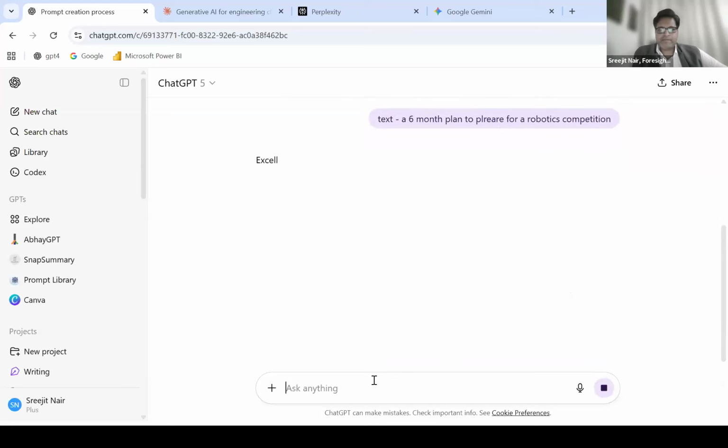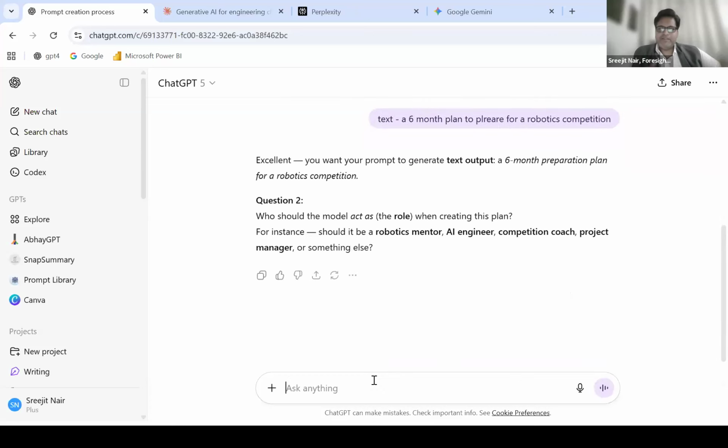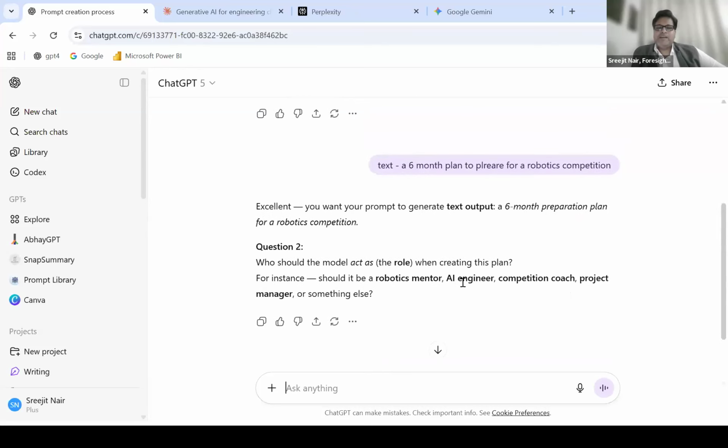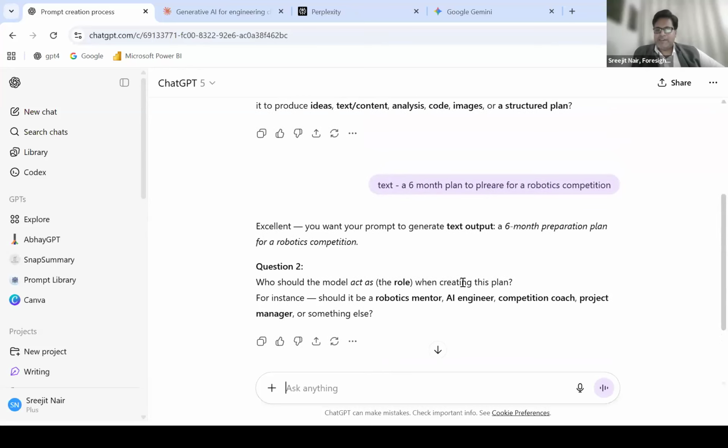So I've given the first question based on which it will correlate and give you suggestions as well. So should it be a robotics mentor, AI engineer, competition coach, etc. So I'll say robotics.